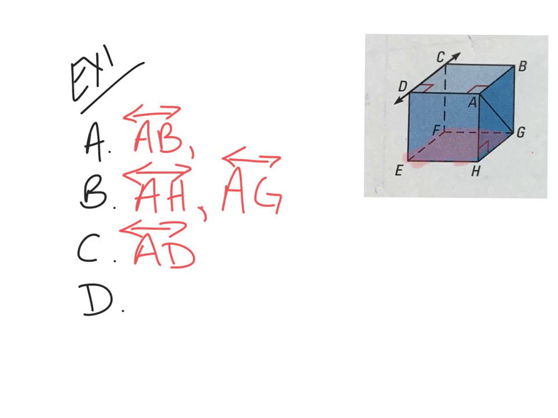So we need planes that are parallel to that and contain point A. DAB. Yeah, it's this top plane. So you can label it using any 3 points: DAB or ABC or CBA, whatever. All of them work, any 3 points. It does have to contain point A, so in your labeling, make sure you have A in there at least.